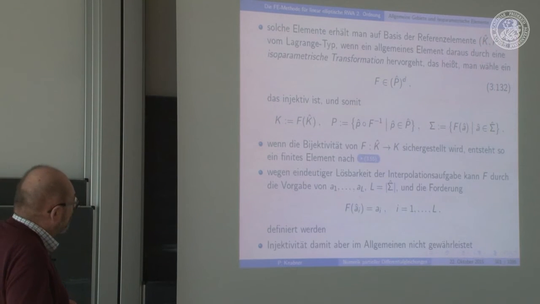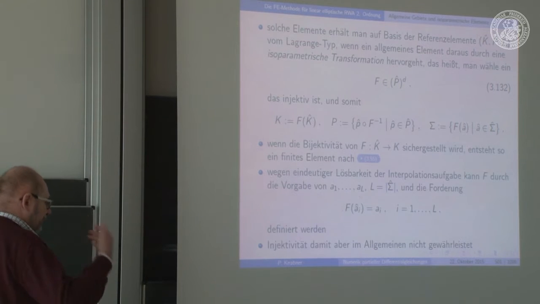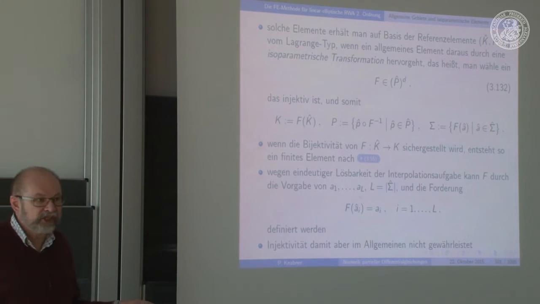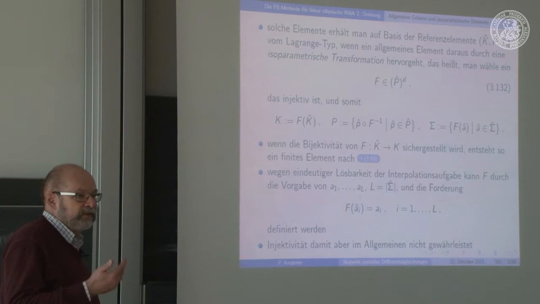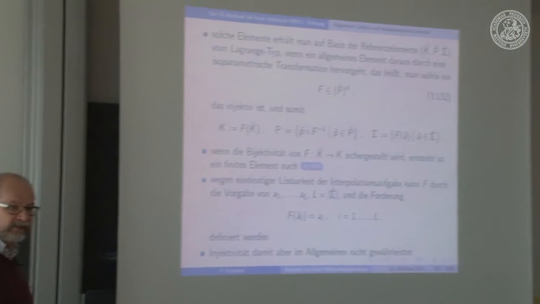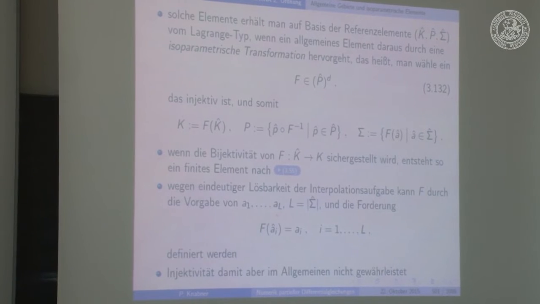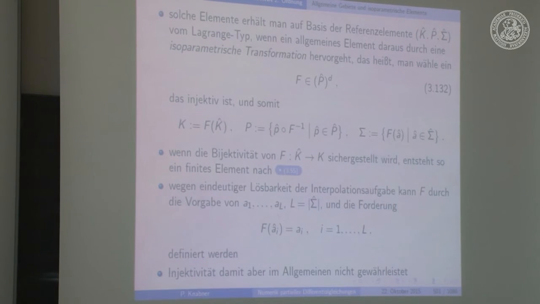That means if we look at our linear elements in arbitrary dimension, nothing changes. But if we, for example, go to the Q1 element, to the rectangles, to the cubes, then the transformation is not affine linear, but in each component a bilinear or trilinear function.